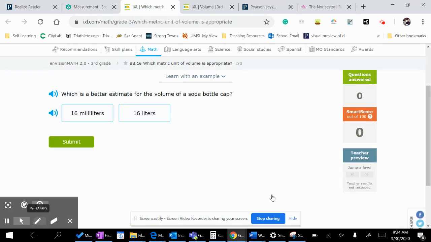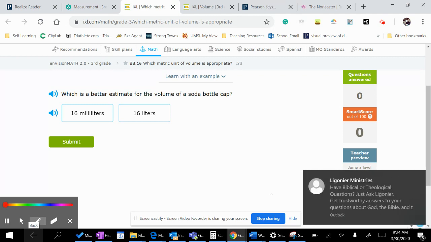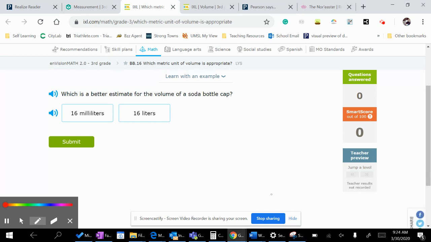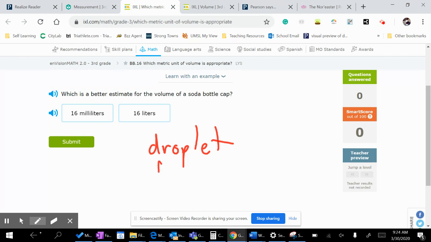Here's another example of estimating: which is a better estimate for the volume of a soda bottle cap? You can tell them one little drop is about 1 milliliter, and milliliter is mL.